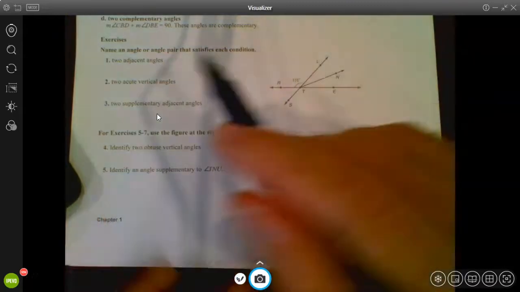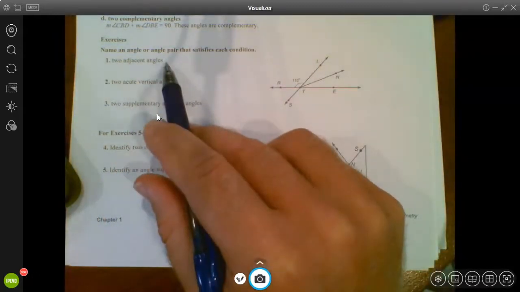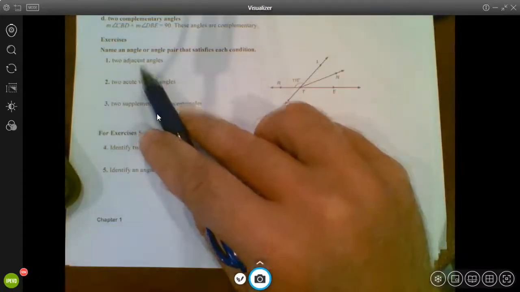So let's try a few of these things. And again, you're always welcome to pause and work ahead of me to see how you're doing. Name an angle or angle pair that satisfies each condition. Let's find two adjacent angles. Again, any two angles that share a common side. There's a lot in here, so I'm just going to pick two, but there are several different ones that you could mention. What if we said angle LTN?